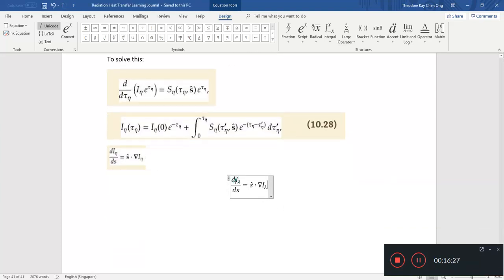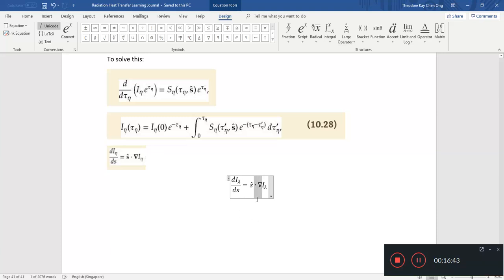Another way to write dI/ds is using this S hat dot nabla I lambda. This nabla is just the divergence, and the dot product with this nabla sign is the divergence.